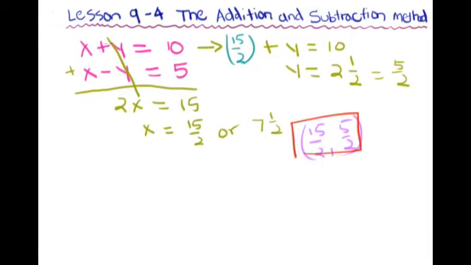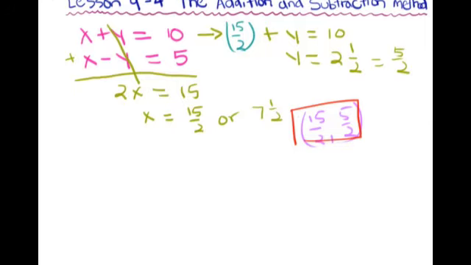So if we have two opposites of the same variable, then we can cancel them out and use the addition and subtraction method instead of substituting or graphing. So let's try another equation right here.